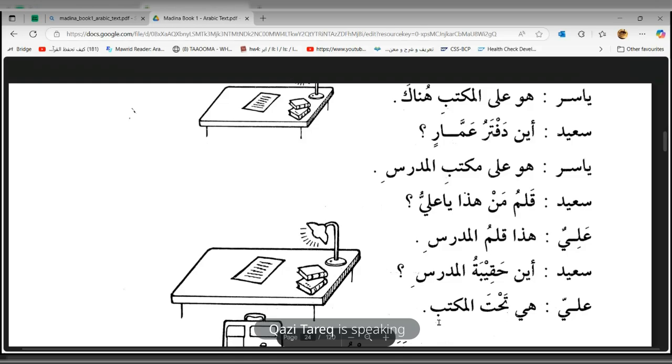Okay. Harf jar means what, doctor? It's a genitive preposition. Genitive means that if you say a book is on the table, somebody is sitting on the bed, something is under the desk, I'm standing on the stairs, because you are always showing relationship between one thing and another thing.